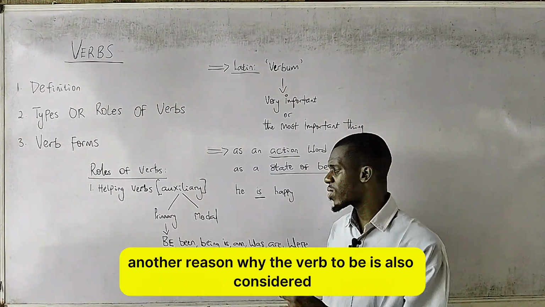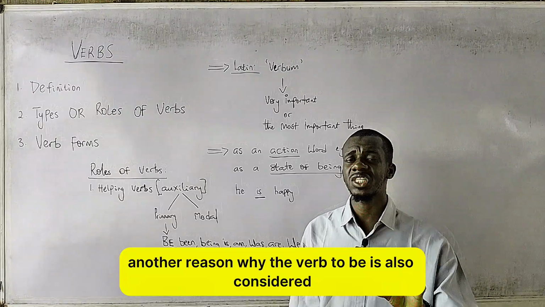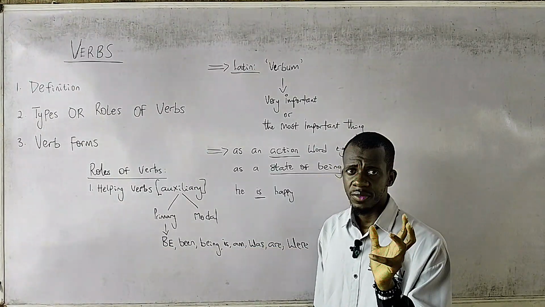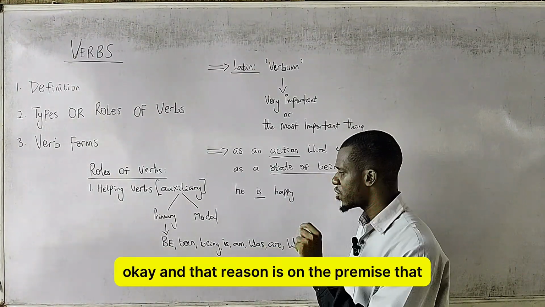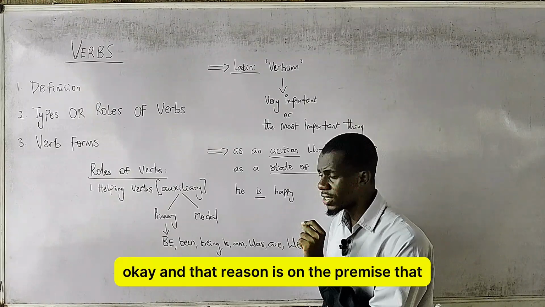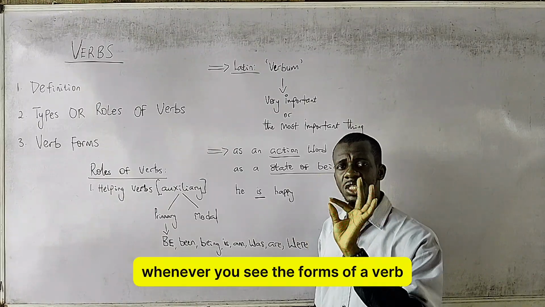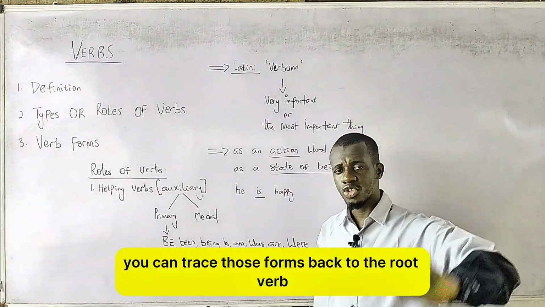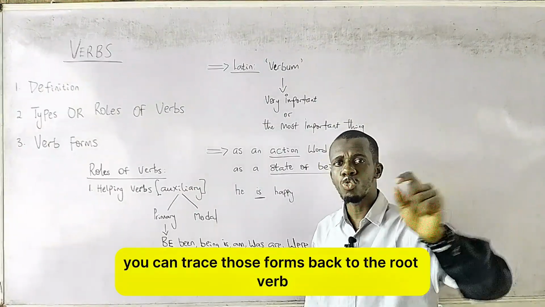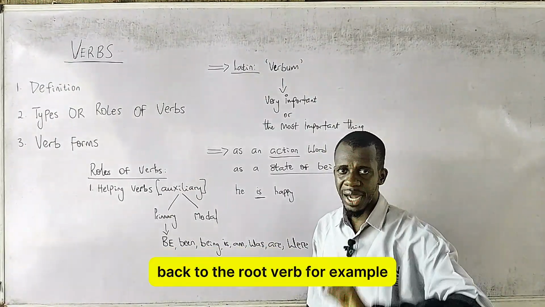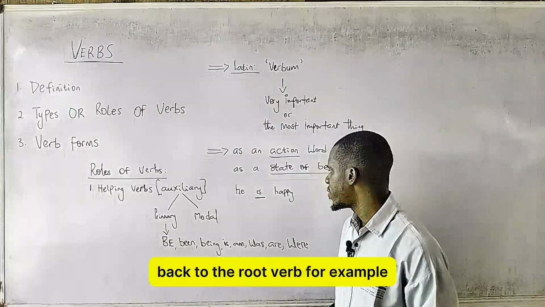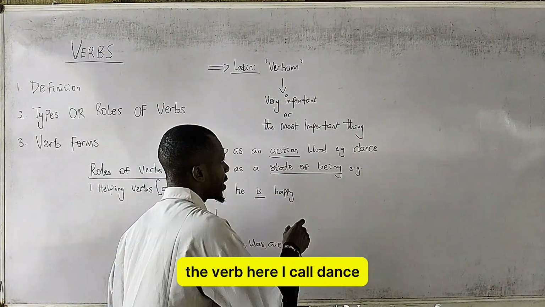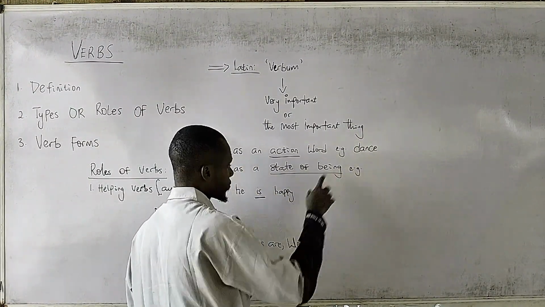There is another reason why the verb to be is also considered strange. That reason is on the premise that whenever you see the forms of a verb, you can trace those forms back to the root verb. For example, the verb here I called dance.